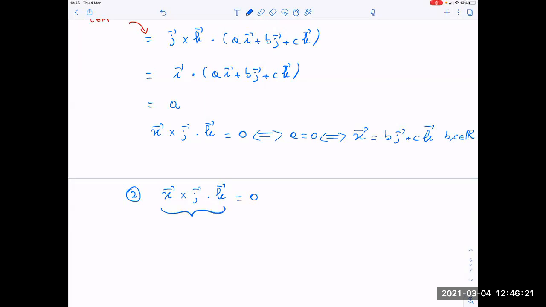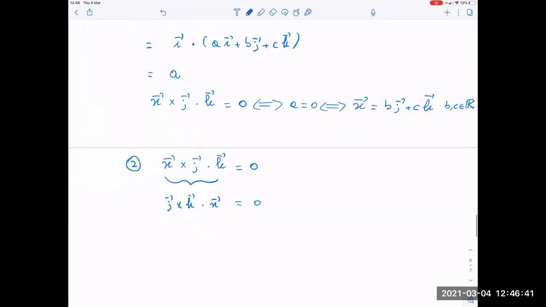So we said this is equal to K cross J. Oh, sorry, that's wrong. It is equal to J cross K dot X. And we want this to be 0. And we know what this is. This is just I. So we are saying I dot X is 0.